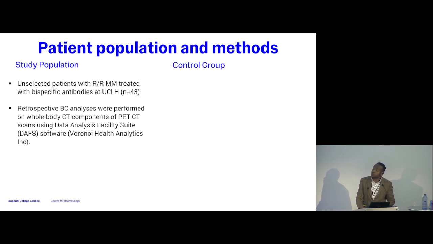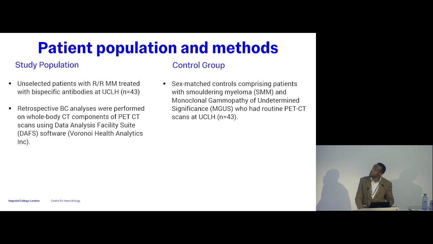They all had PET-CT scans as part of their assessments, and each PET-CT scan was analyzed retrospectively using the DAFS software. We also compared with a control group, sex matched for each patient. These were patients with smoldering myeloma or MGUS, who also had PET-CT scans at UCLH, and they had not received any significant steroids.